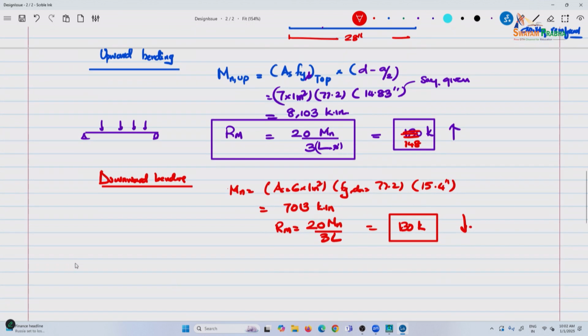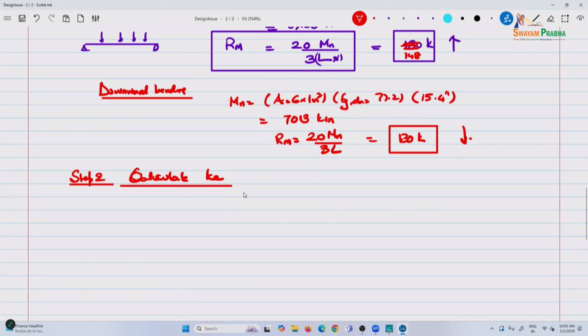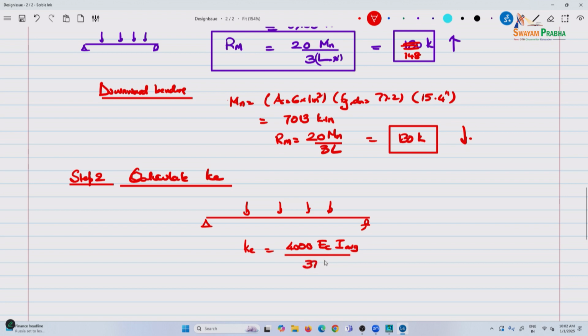Then the next step is you calculate Ke. Now Ke, again, is a different type of scenario. Ke for this loading is 384 Ec I average divided by 37 L cubed. I'll give you these numbers for now, but you have seen all of these calculations.